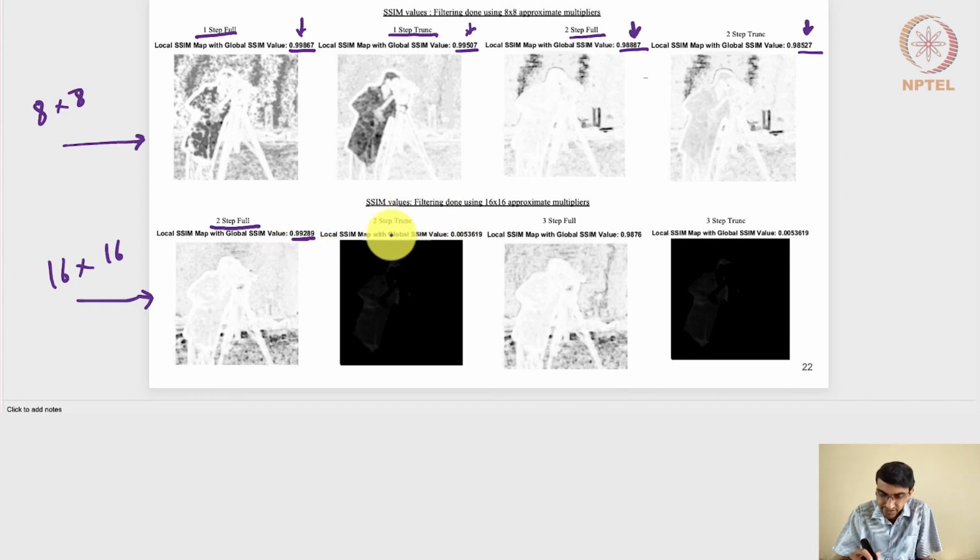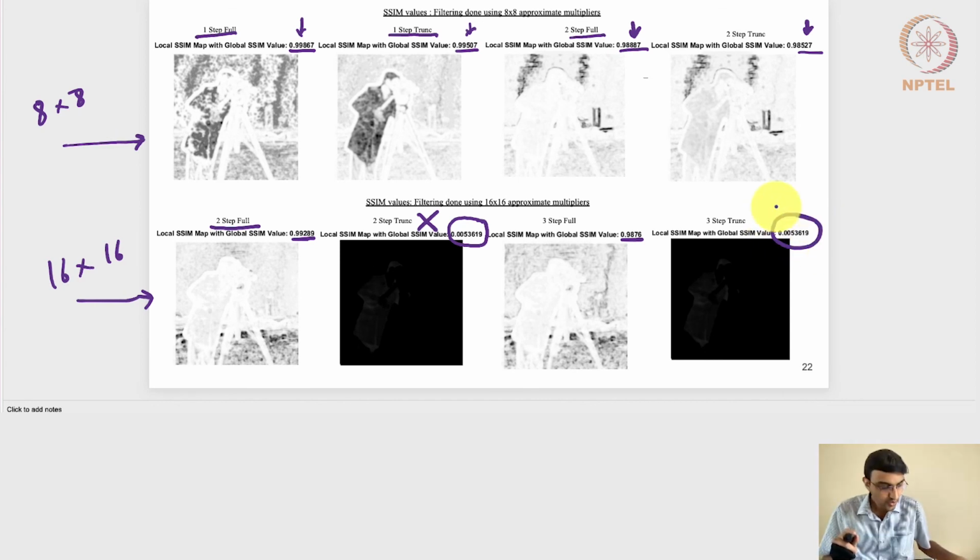But if I have the truncation in a 16-bit multiplier, there is a significant loss here, right? So 2-stage with truncation is not good, whereas 3-stage applying the approximate compressors is still better, with 98% SSIM achieved. But 3-step again with the truncation, making the LSB part completely 0, also degrades very low.